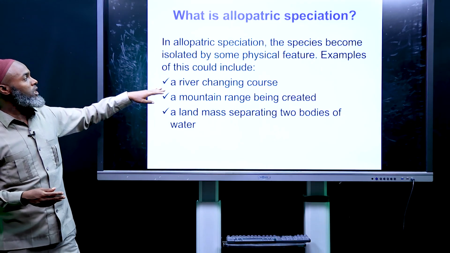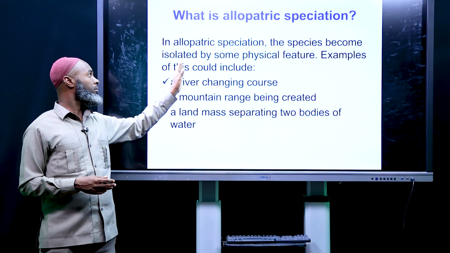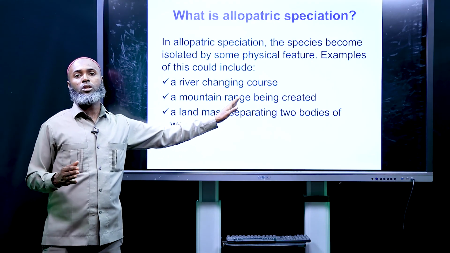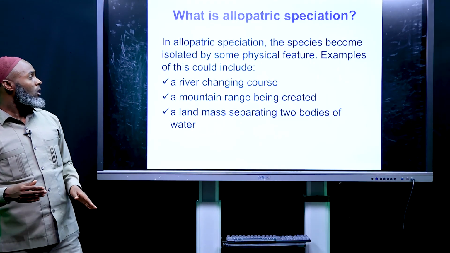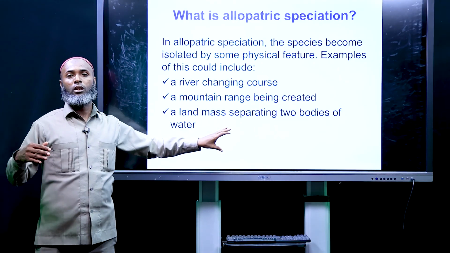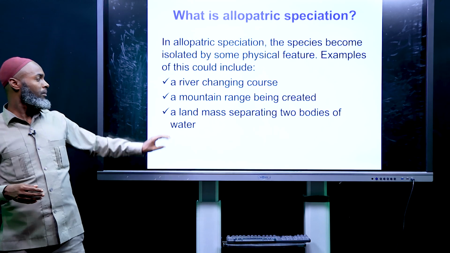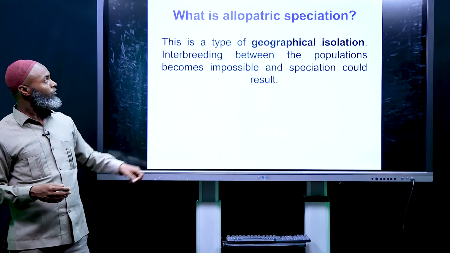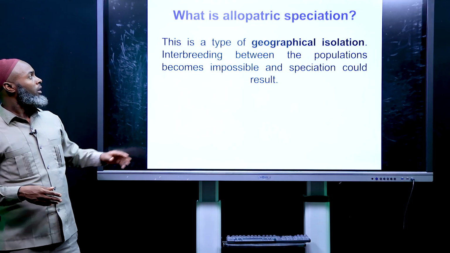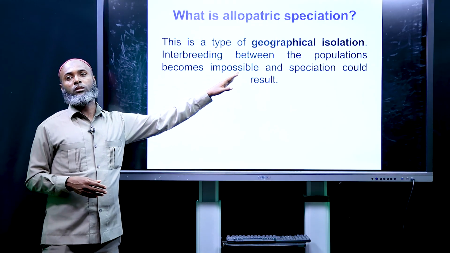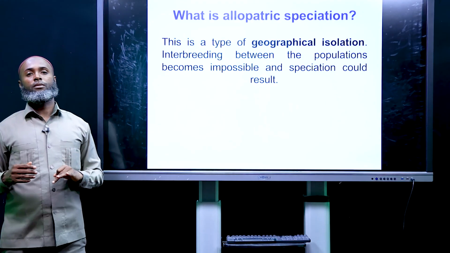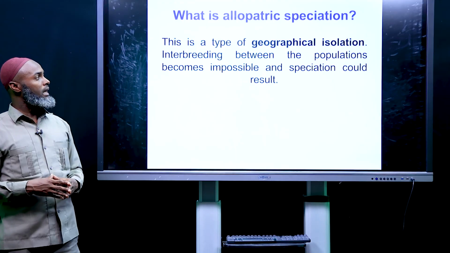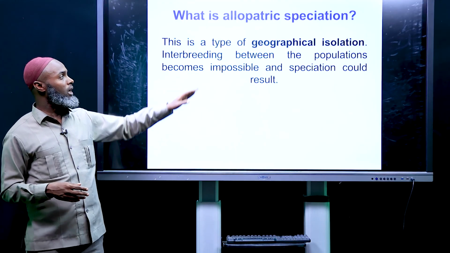So this is a speciation that occurred by isolation of some physical features, like a river changing its course, a new mountain range being created, and a landmass separating two bodies of water. This is a type of geographical isolation.